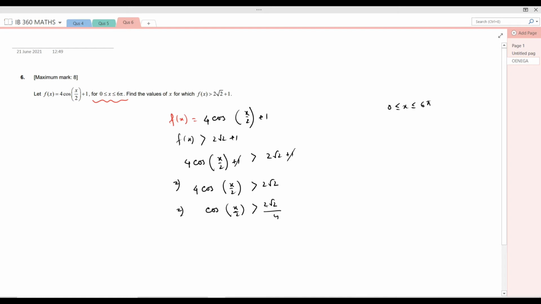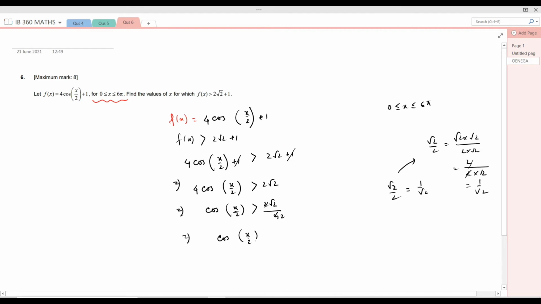So it is basically root 2 by 2, which is nothing but 1 by root 2. How am I getting that? Root 2 by 2 is equal to root 2 into root 2 by 2 into root 2, so it is basically 2 by 2 root 2. So I am getting 1 by root 2. So now cos x by 2 is greater than 1 by root 2.